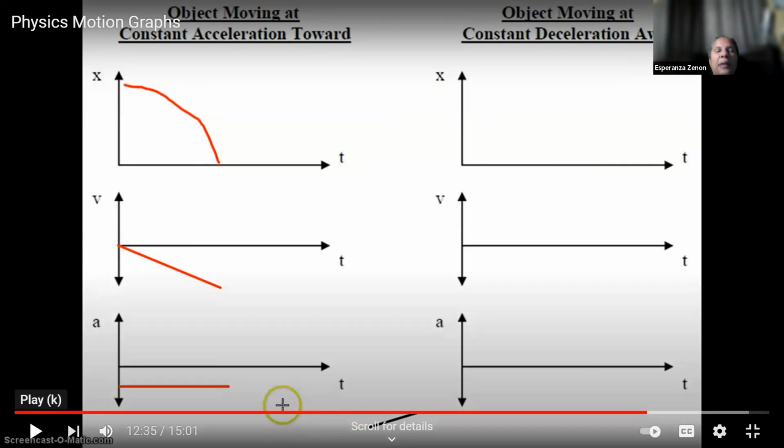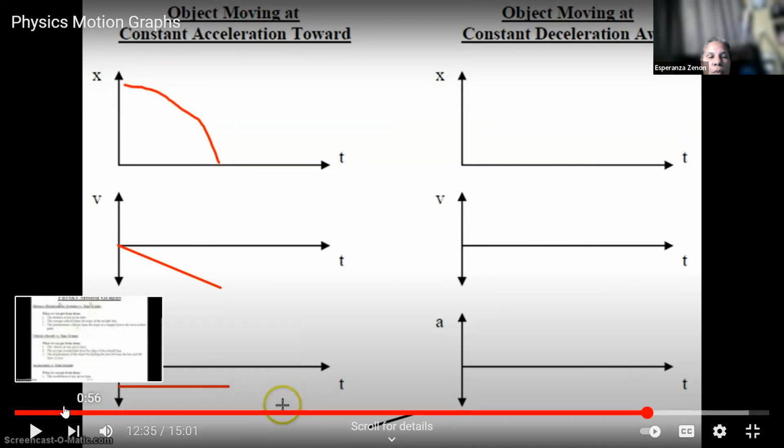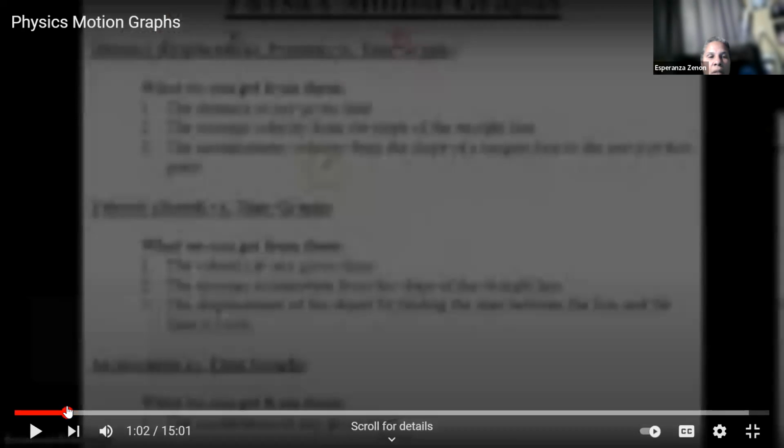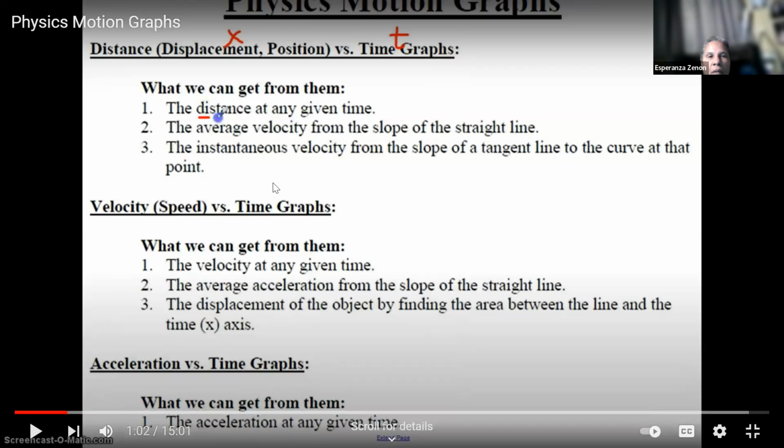All right. So he gave you the different scenarios that we will encounter when using graphs to describe motion. If you recall, the very first graph that he went into was the distance versus time graph, right?